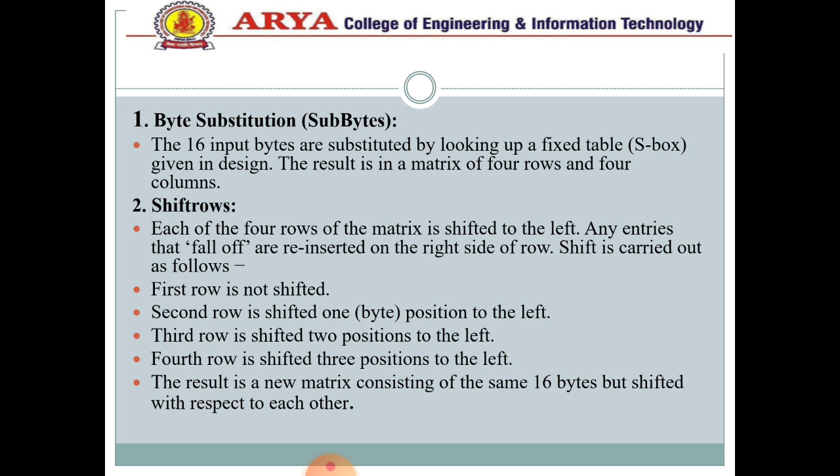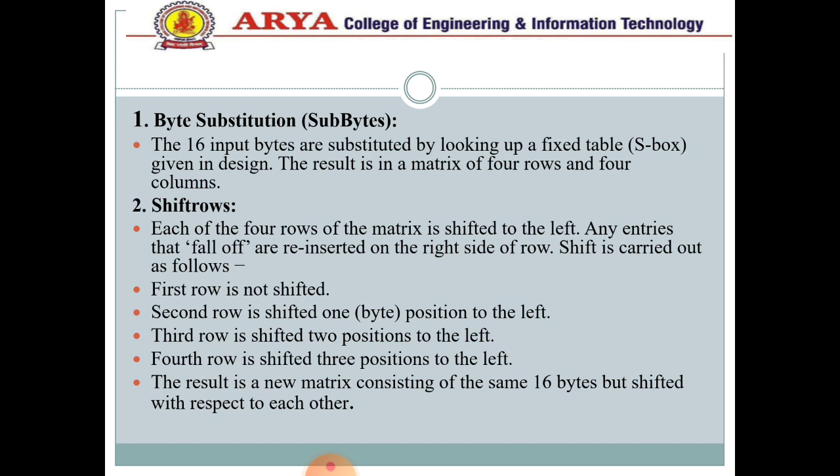The first step of a round is the byte substitution, which is called sub bytes. The 16 input bytes are substituted by looking up a fixed table, which is called the substitution box given in the design, and the result is a matrix of 4 rows and 4 columns.